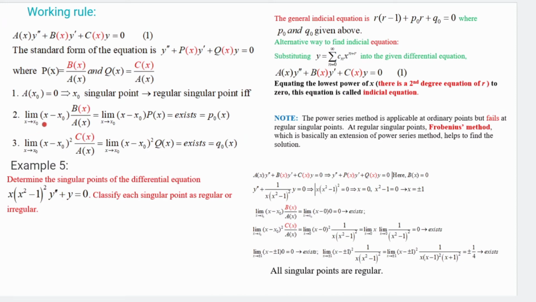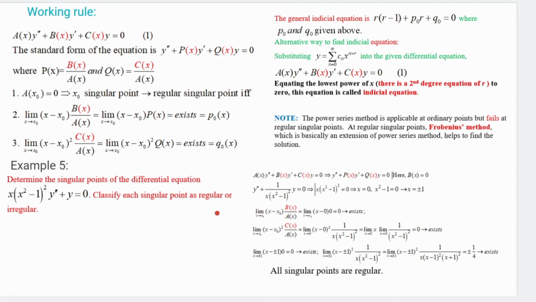When we find this new p of x, if the limit exists, we get an answer, p naught. Similarly, when we find q of x multiplied by x minus x naught whole squared, if the limit exists, we get q naught.